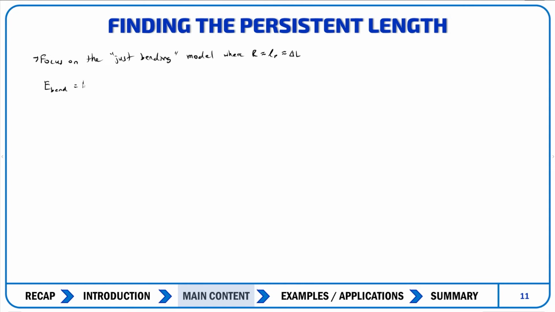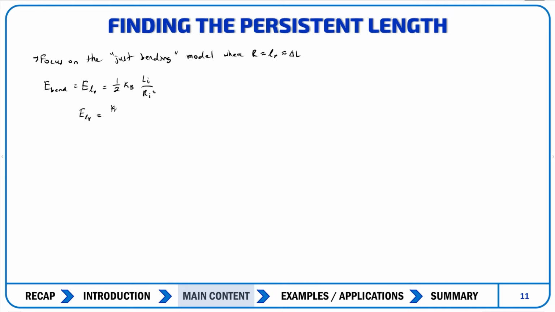And now I just want to rename that as E of persistent length, or we can just label this as ELP. And that's going to be 1/2 kappa B, we have Li over Ri squared. We know that Li is going to be LP.